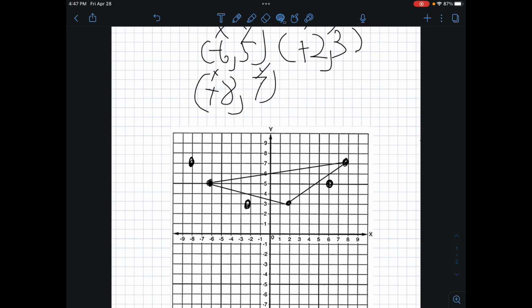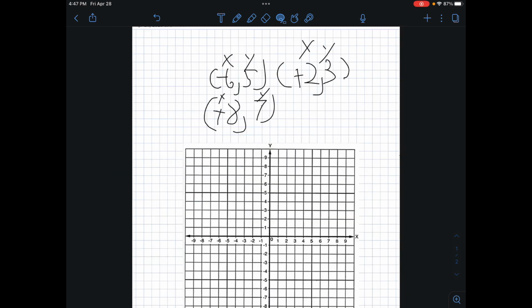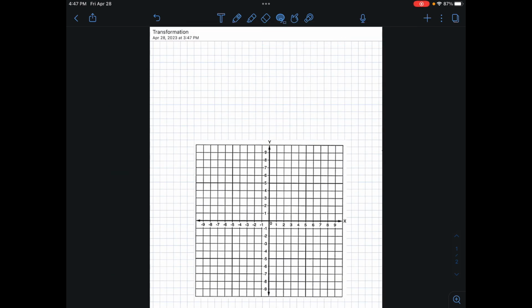Now, let's say your line crosses the x-axis.